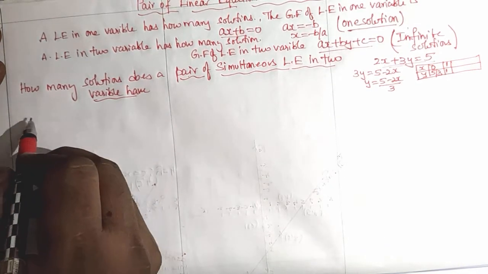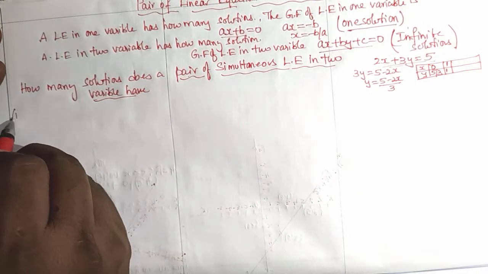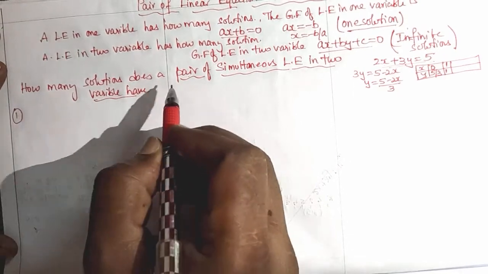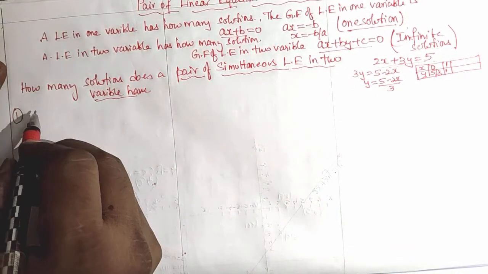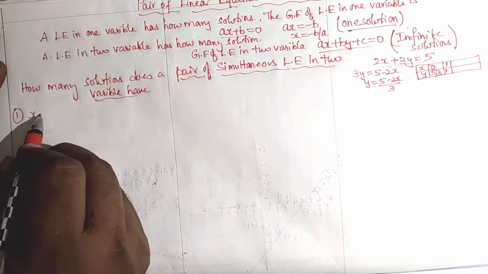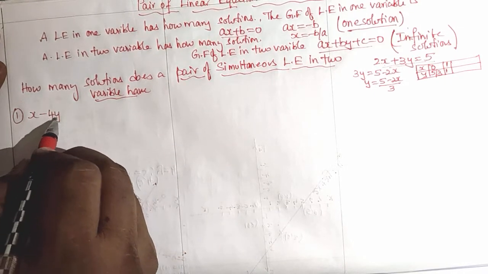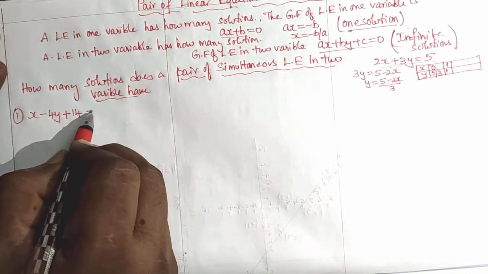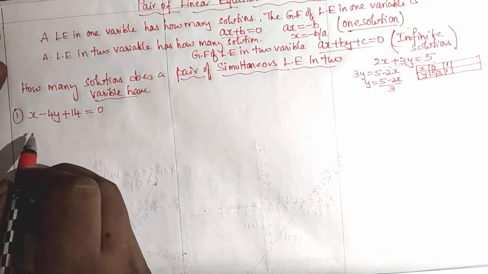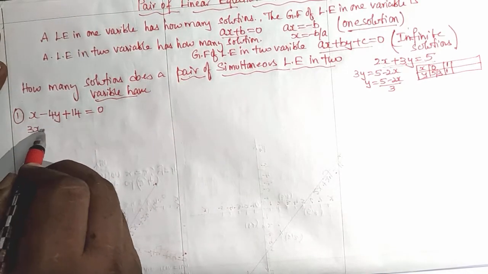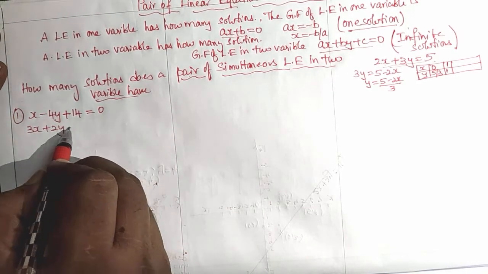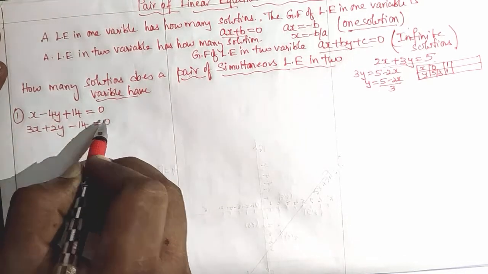To know this, first I will take an example. Let me take a pair of simultaneous linear equations. I will take the equation x minus 4y plus 14 is equal to 0. Another equation is 3x plus 2y minus 14 is equal to 0.